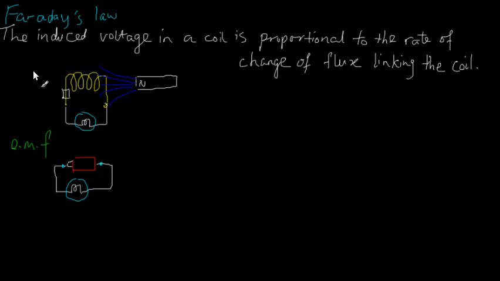We can actually think of it as an EMF, in the sense that if I connect this to a circuit, this EMF that is induced by the changing flux would move electric charge around this circuit, but some of it will be used to do work against the resistance inside the copper wire.